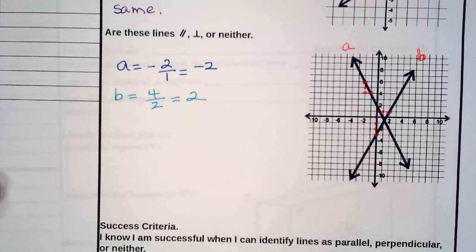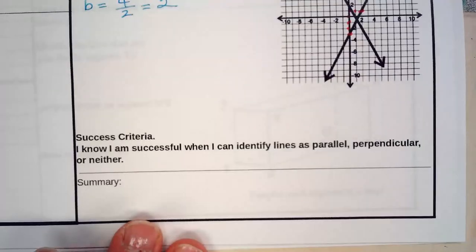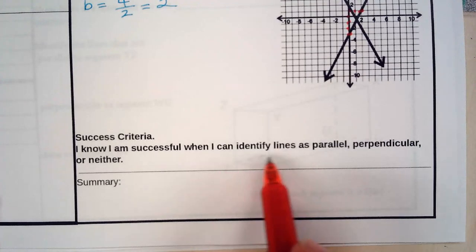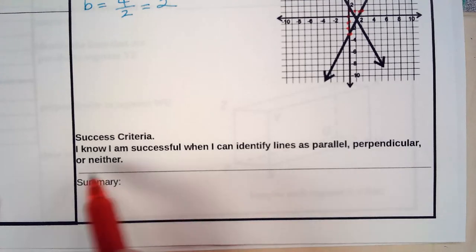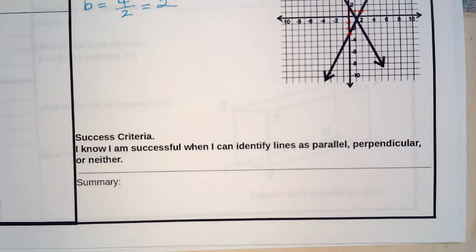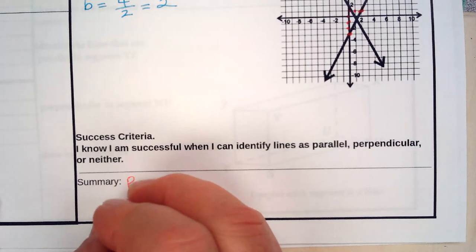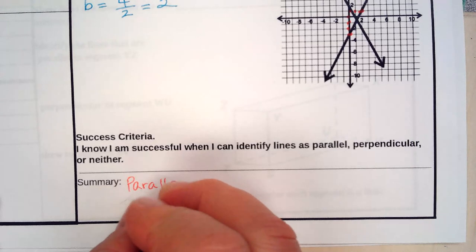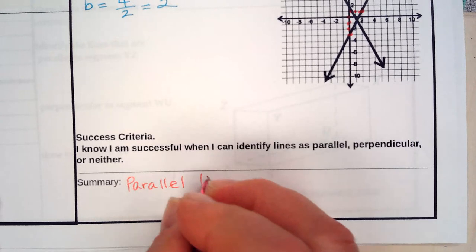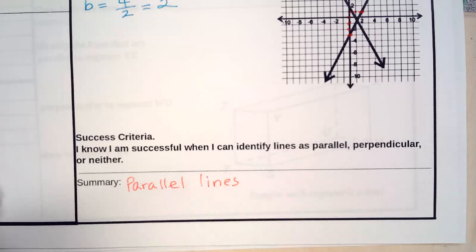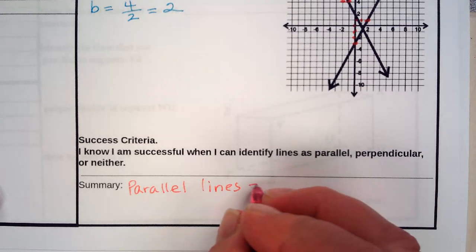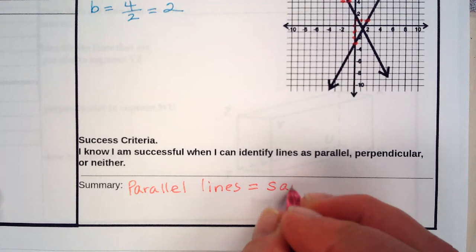So, how do you know when you're successful? You know you're successful when you can identify lines as parallel, perpendicular, or neither. So, if we want to condense this, parallel lines means we have the same slope.